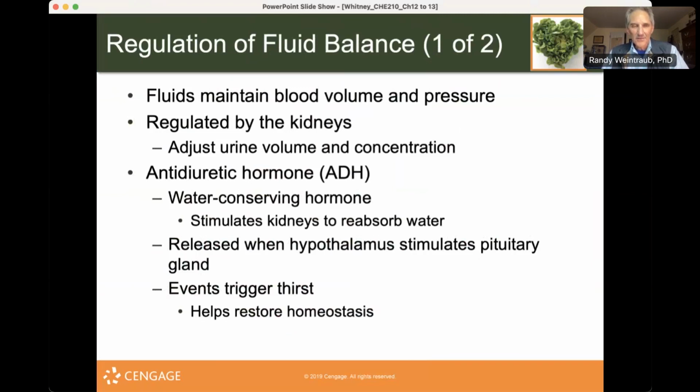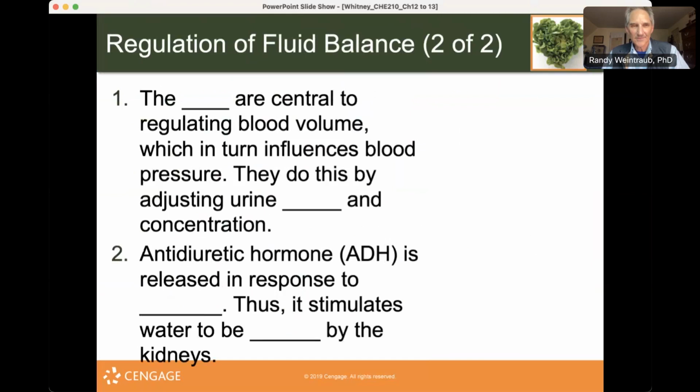And these events also trigger thirst. So we have retention of water, retention of solute, in all to increase absorption of water. It helps to restore homeostasis.